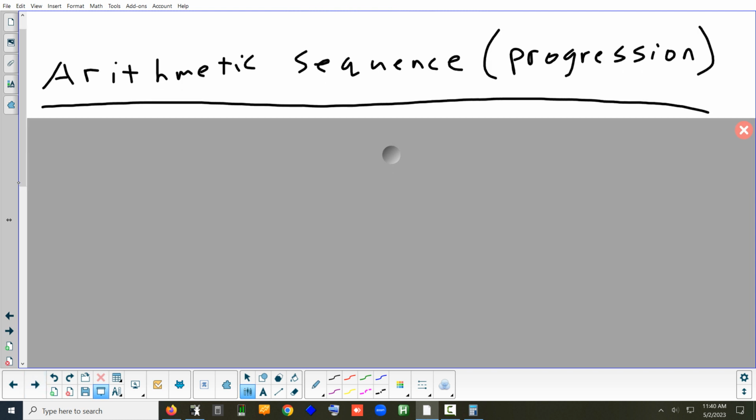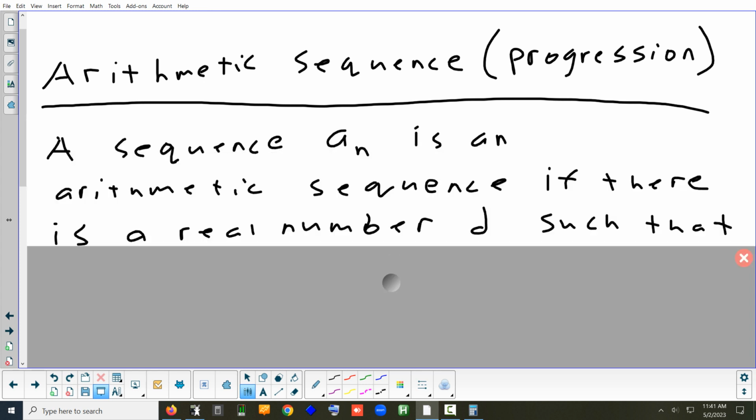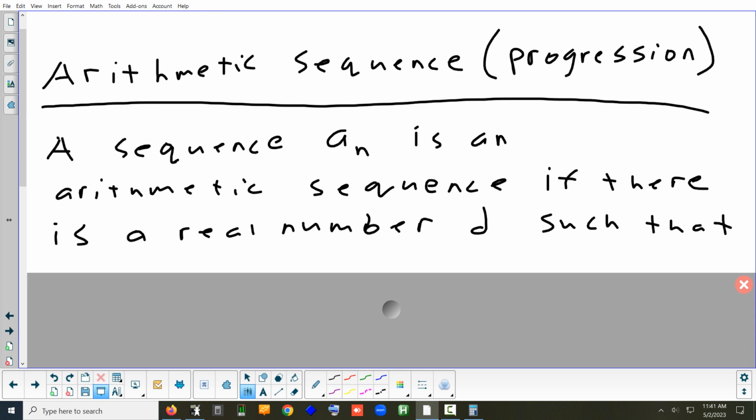Okay, so let's look at the last two kinds of sequences for today. A lot of times a sequence isn't only described by how many terms are in it, that's finite or infinite, but you can also describe it by the pattern in the sequence. If you have a sequence where you add the same number over and over, that's called an arithmetic sequence.